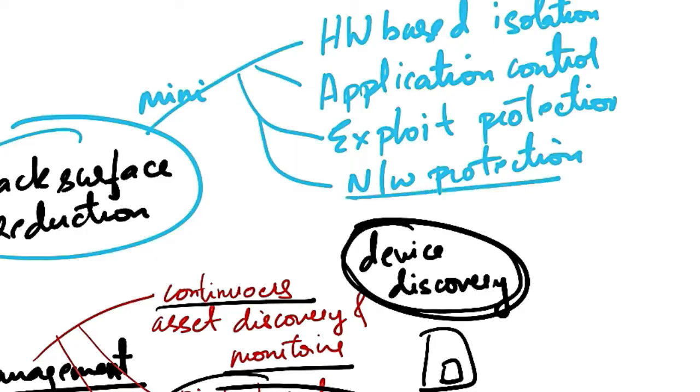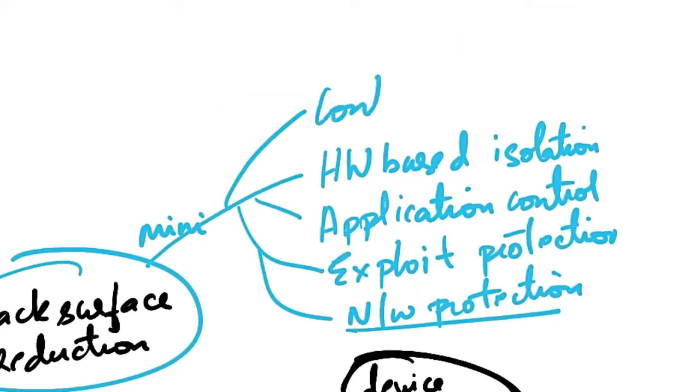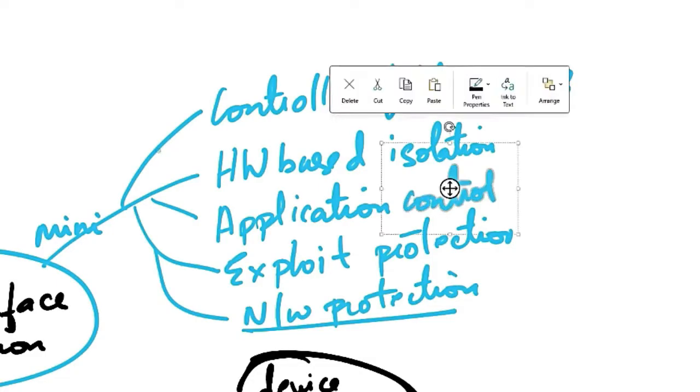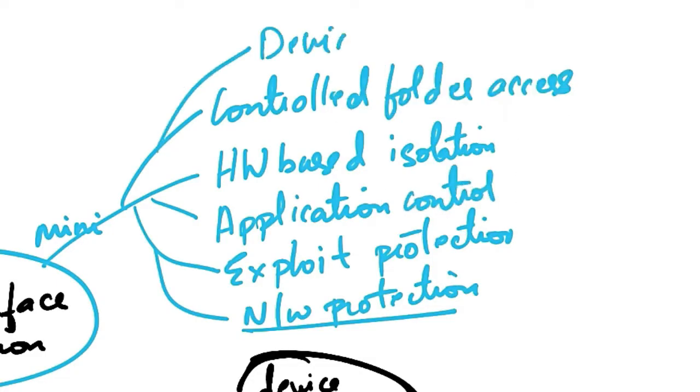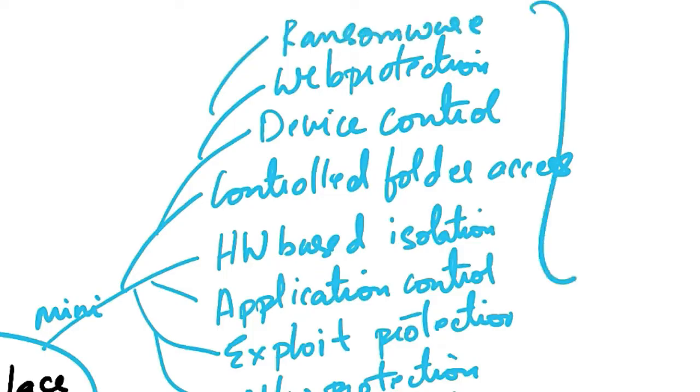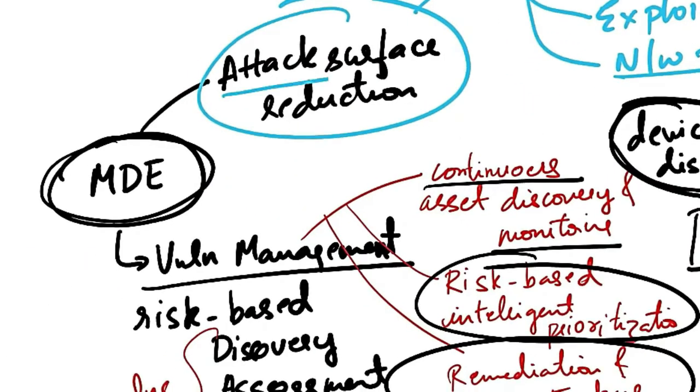Network protection can include blocking connections to malicious domains and IP addresses. And then there is controlled folder access. That is, you can restrict access to sensitive files and folders. And then there is device control, then web protection. So you can block malicious sites. You can also block unverified file downloads here. And then there is ransomware protection. So these are included under attack surface reduction.